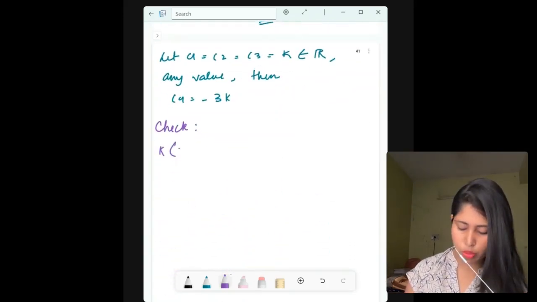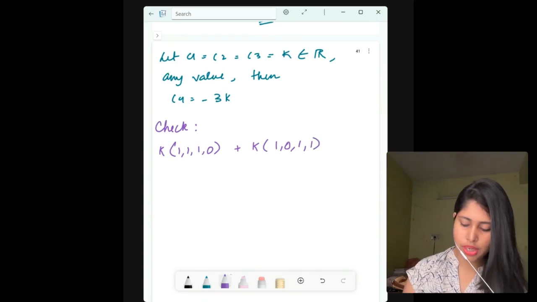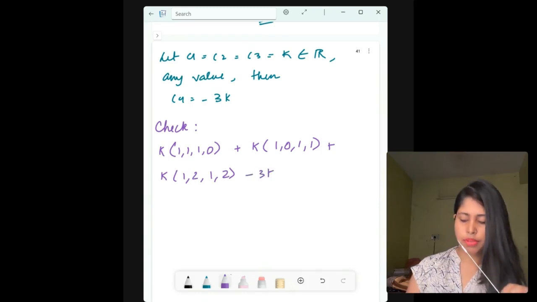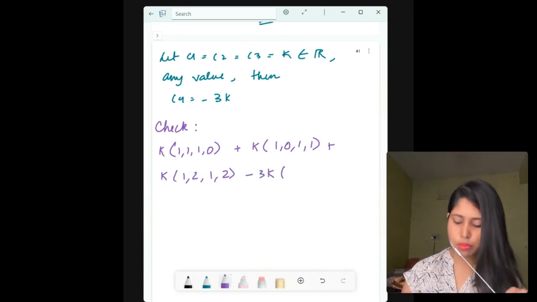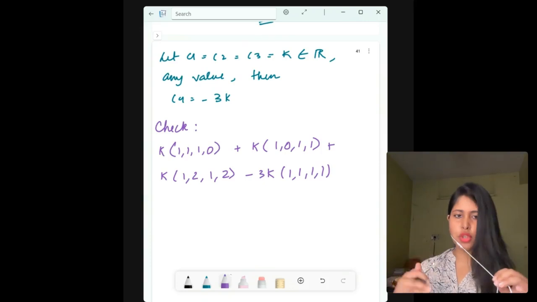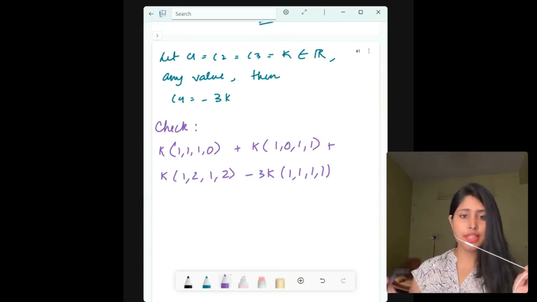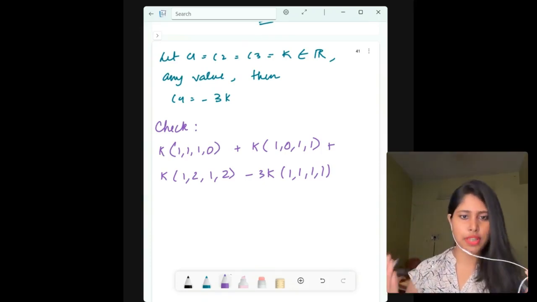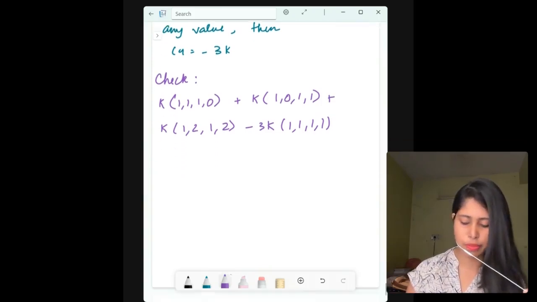First is (1, 1, 1, 0) plus K(1, 0, 1, 1) plus K(1, 2, 1, 2), and then minus 3K, because last is C4, right? So minus 3K(1, 1, 1, 1). Everything should be equal to (0, 0, 0, 0). If it is, then we can say that these are linearly dependent vectors.